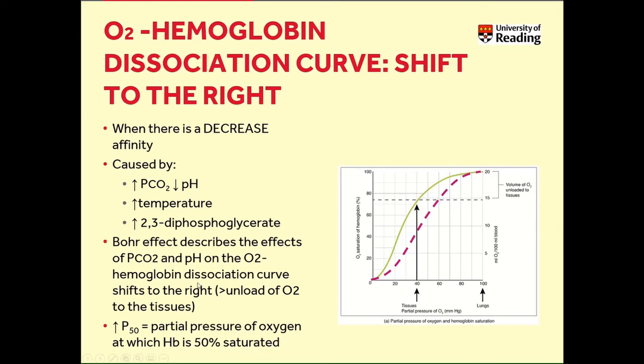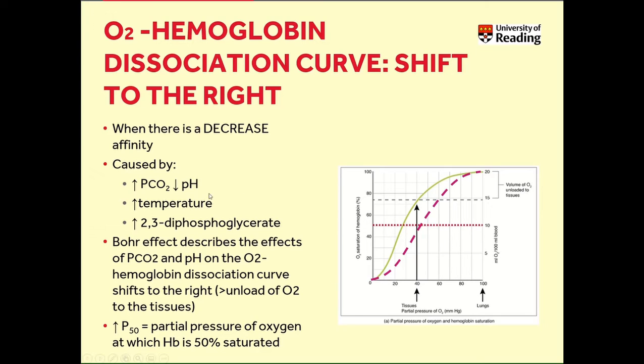What you also have is an increase in this P50. You might hear of that. This is the partial pressure of oxygen at which hemoglobin is 50% saturated. So in this case, if we are looking at the normal condition, the green trace, hemoglobin is 50% saturated at a partial pressure of 25.